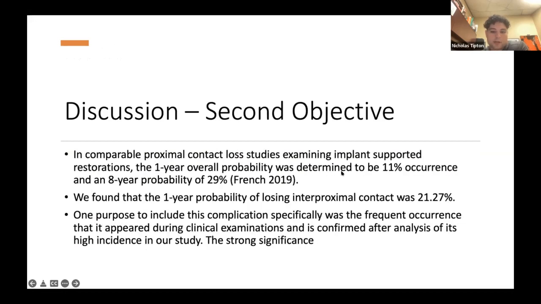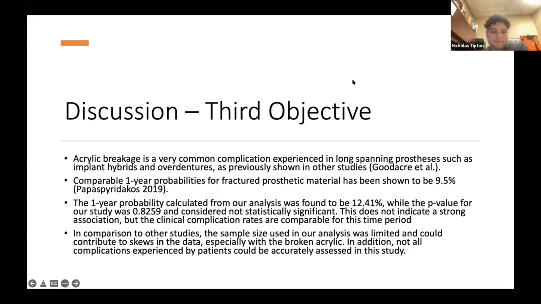So for interproximal contact, the 1-year overall probability was about 11%, and an 8-year of 29% in French's study in 2019. Our 1-year probability was about 21%. And then for acrylic breakage, it's a very commonly cited complication for prosthesis using acrylic.